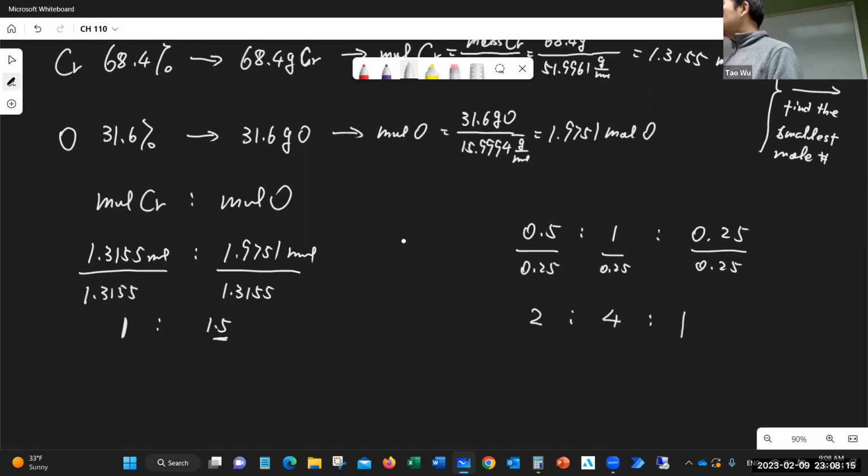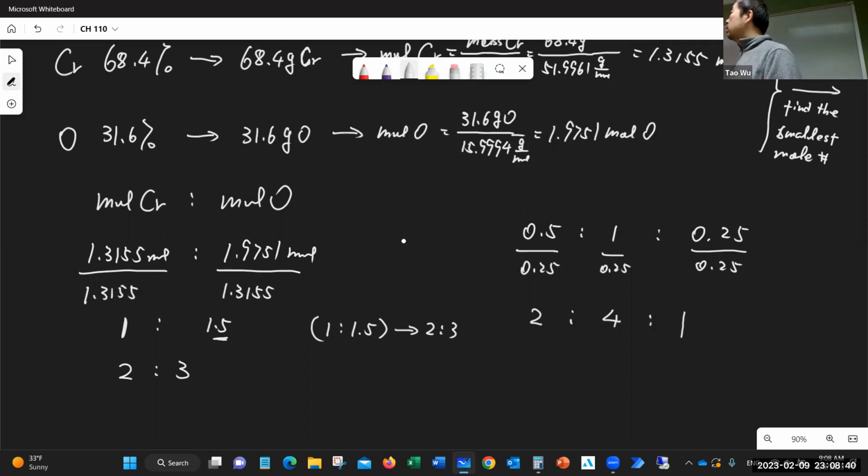You're still going to make those a whole number. Usually 1 versus 1.5, the ratio is just 2 versus 3, because this guy times 2, then you got a whole number. So this ratio is just 2 versus 3.